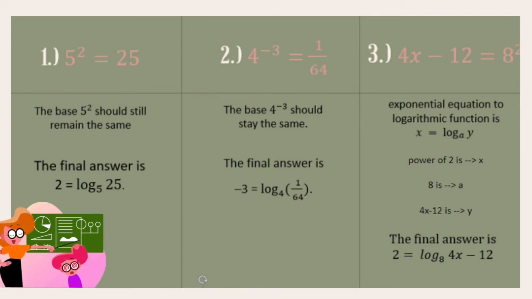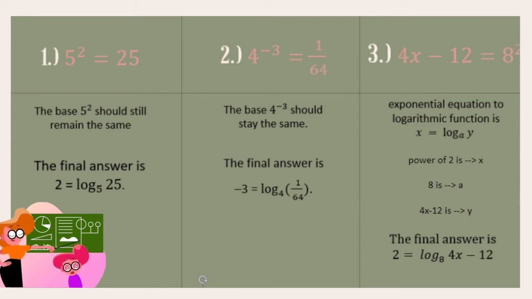Number 2. 4 to the power of negative 3 is equal to 1 over 64. As I said in the previous number, the base 4 and the power of negative 3 should stay the same. So the final answer is negative 3 is equal to the logarithm to the base 4 of 1 over 64.